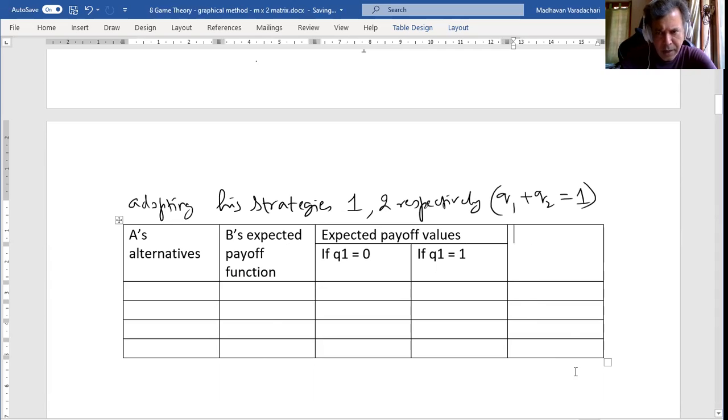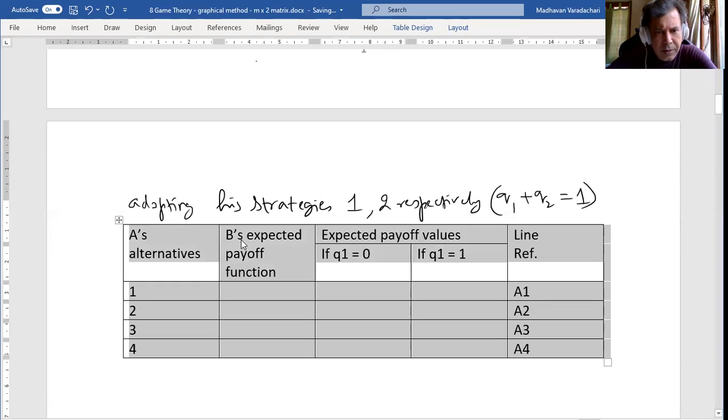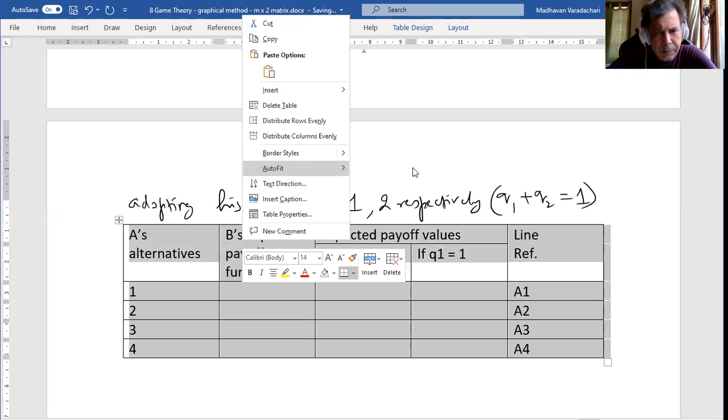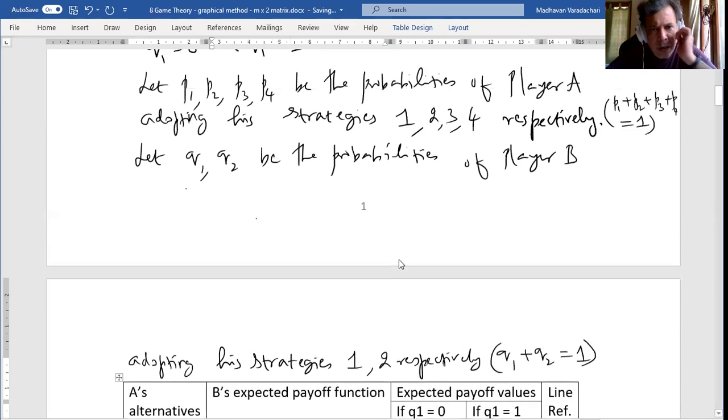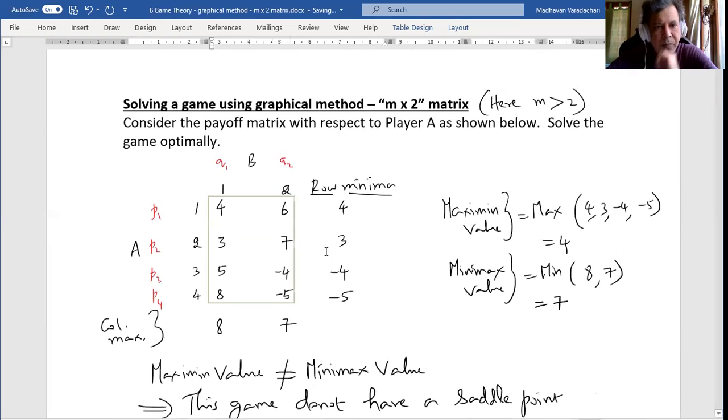Then this is our line reference. Since these are all A's alternatives 1, 2, 3, and 4, we'll give the line references as A1, A2, A3, A4. Now, how do we write the expected payoff function? I can first autofit this. Now, going back to this table, we can write 4 times Q1 plus 6 times Q2 for the first alternative.